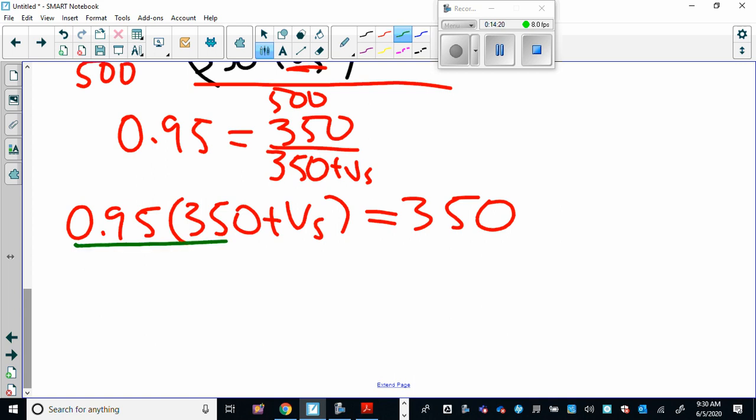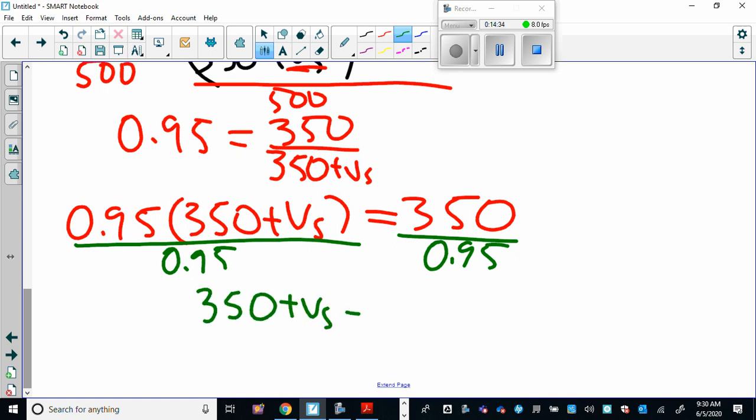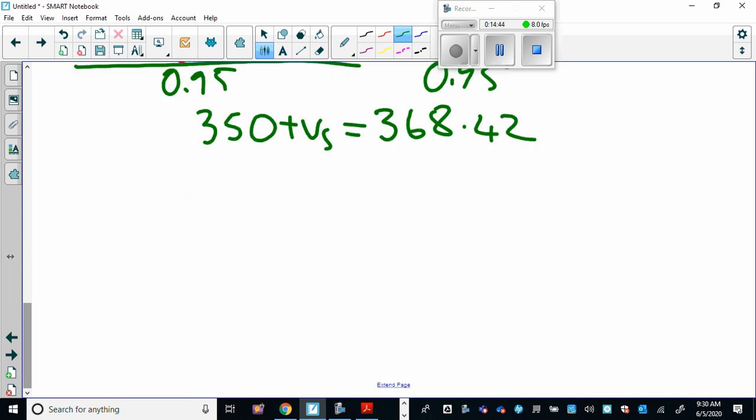Now I can divide both sides by 0.95. 350 divided by 0.95 is, so that's going to leave me with this equals 368.42. Subtract 350 from both sides, and you can see you're going to get the same answer. Okay, and that's the one. Those are two ways you can do it.